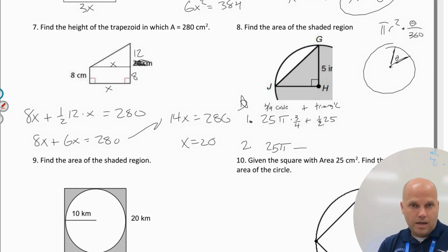Now, minus that part. Well, we can get the quarter of the circle. So that would be 25 pi times 90 over 360, which is a quarter. That'd be the entire, and then I would subtract the triangle to get that taken out.